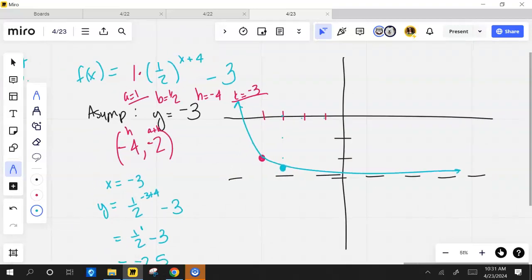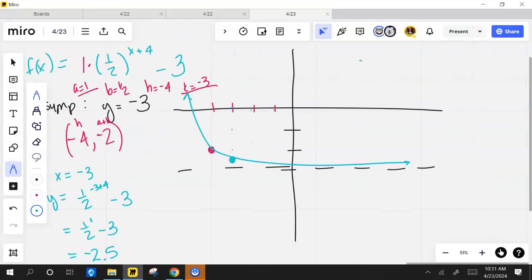What is the domain here? Oh, y'all got that. That's your favorite, mine too. How about the range? Close, bottoms up. So what's the lowest it goes first? -3 up to infinity. Always a parentheses on these because you can never touch the asymptote.